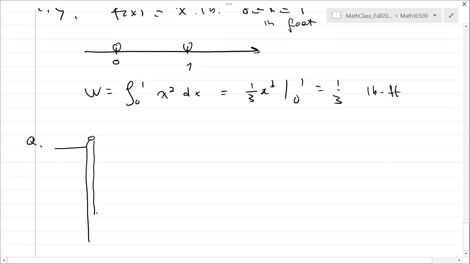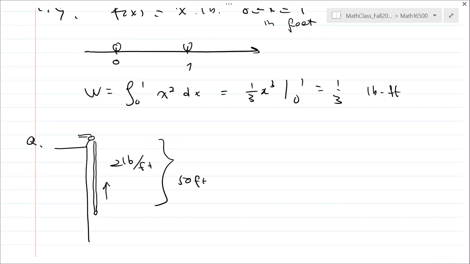You're trying to pull up a cable, but this cable itself is heavy. When you pull the cable up, it slowly gets lighter because it's shorter. At the very beginning, it's pretty heavy. The cable is about 2 pounds per foot. Initially, this is a 50 feet long cable hanging from the top of the building. Find the work done to lift this cable to the top of the building.